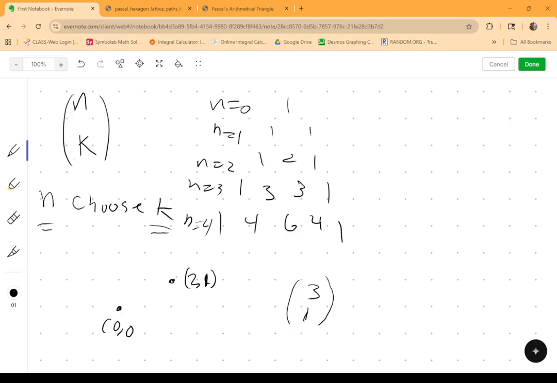So you can choose this one here, or this one here, or this one here. There are 3 opportunities to choose one, and whichever one you do decide to choose, you fill in the other. 1, 2.